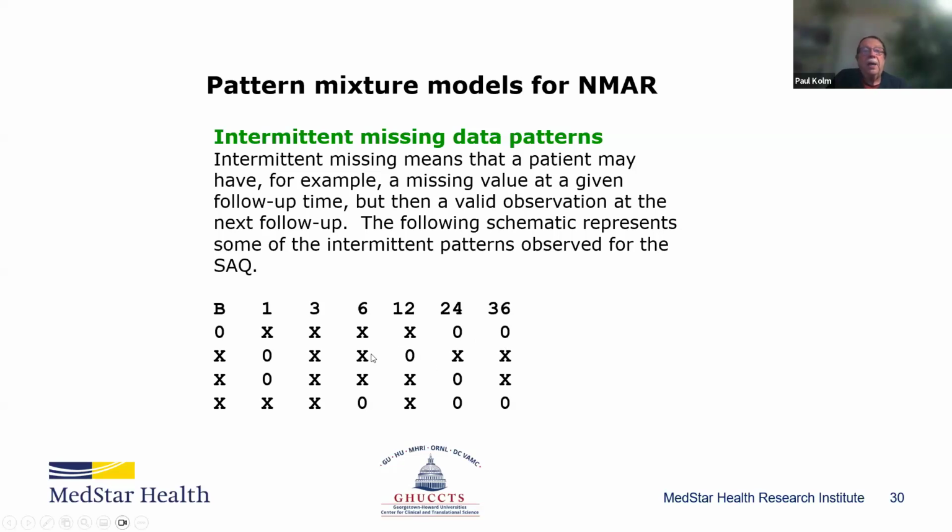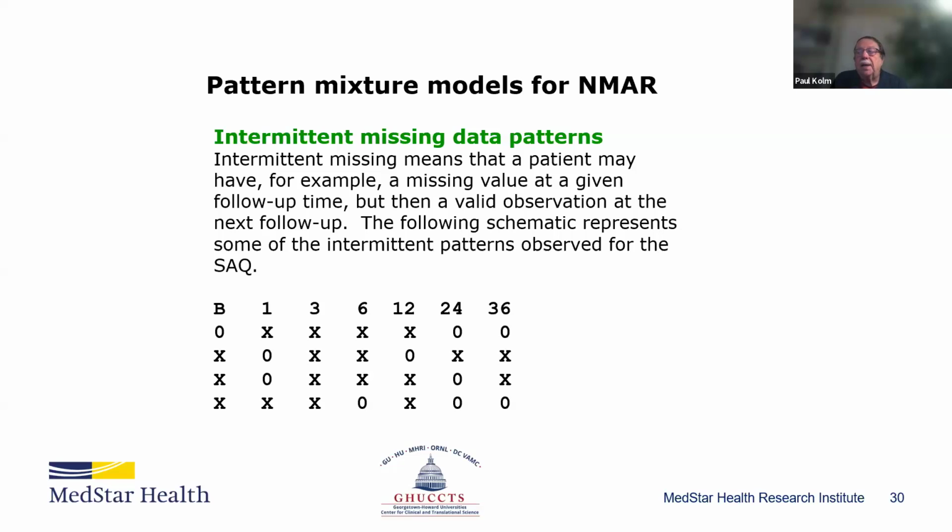And then we would have patients that would have complete data, whether it's imputed or observed, out to, say, 12 months here, and then they would not have data after that, and so on. And then we can analyze that particular data set. So that's an example of pattern mixture models.